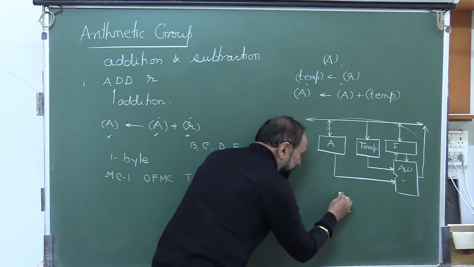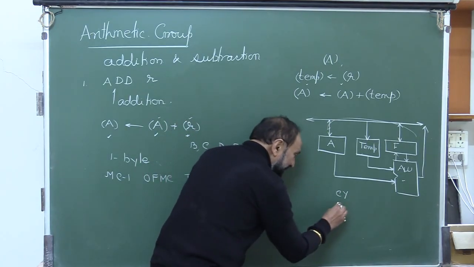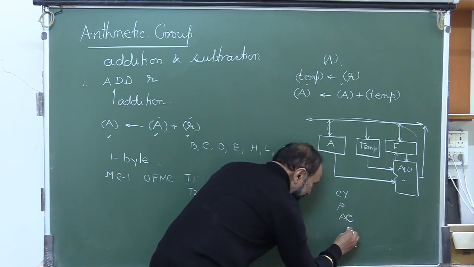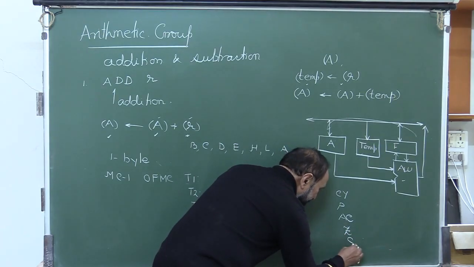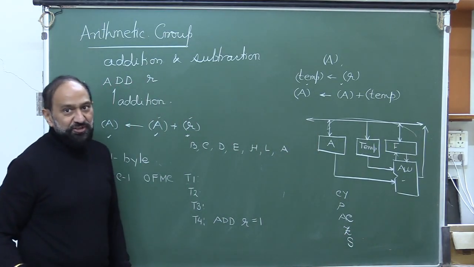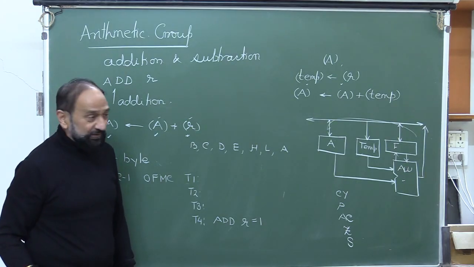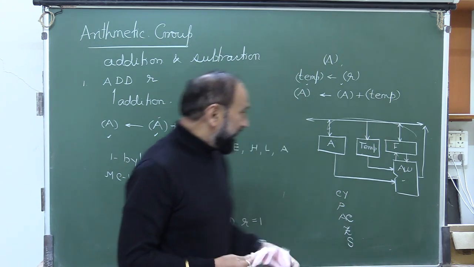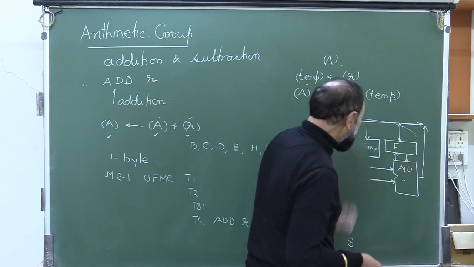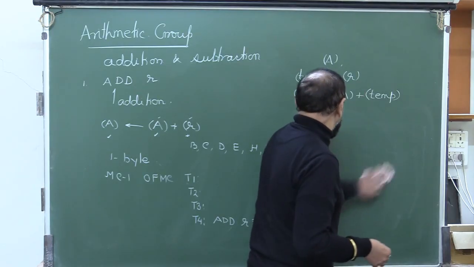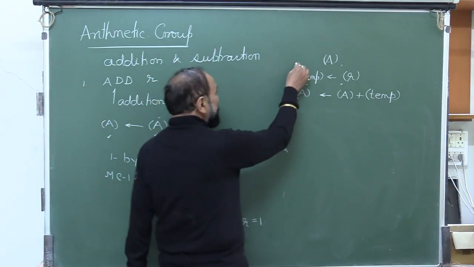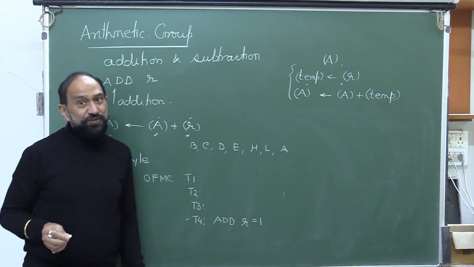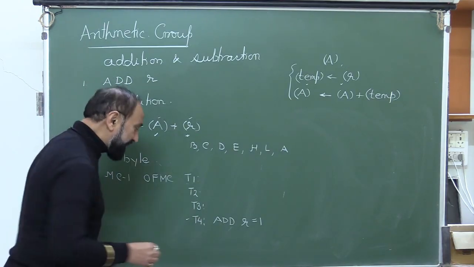We know that there are 5 flags: carry flag, parity flag, auxiliary carry flag, zero flag, and sign flag. We have already seen how these flags are affected whenever an arithmetic or logical operation takes place. So, to perform this operation, this is not possible right at this stage. It needs a few extra clocks. Two more clocks are required.